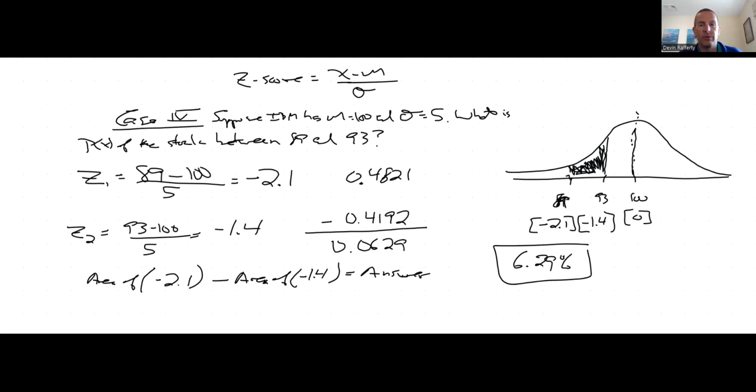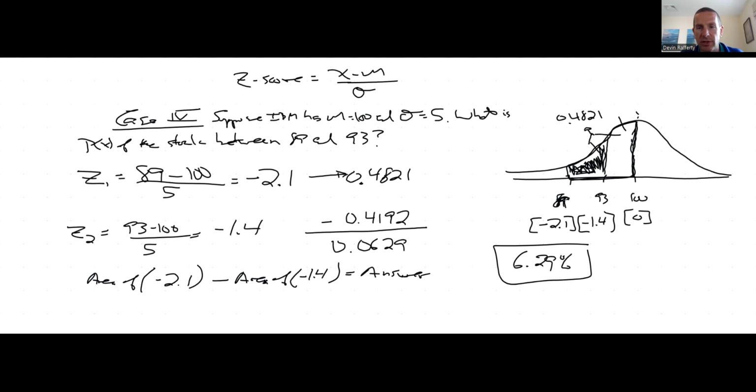Okay. So what we did, again, we found the area associated with 2.1. The area of 2.1, that's this whole area. That whole area is 0.4821.